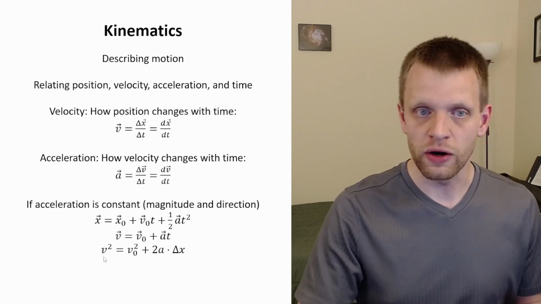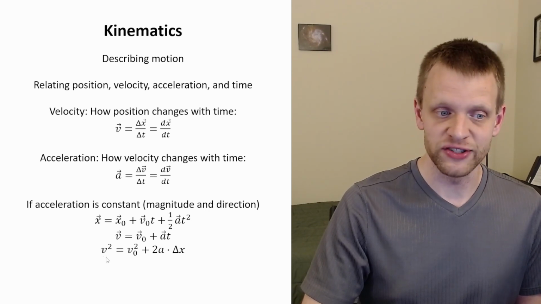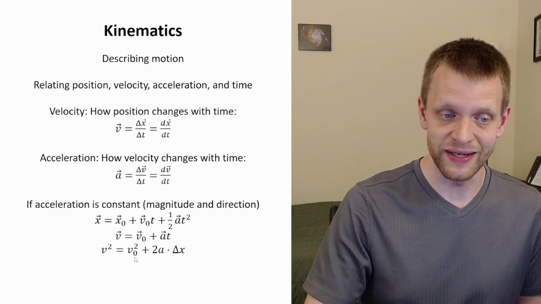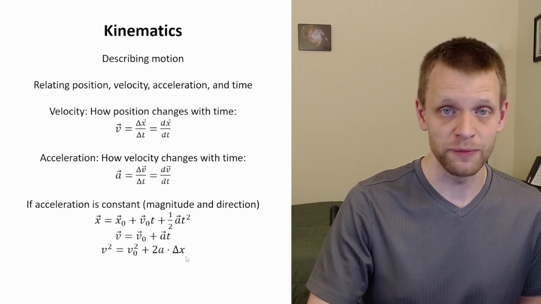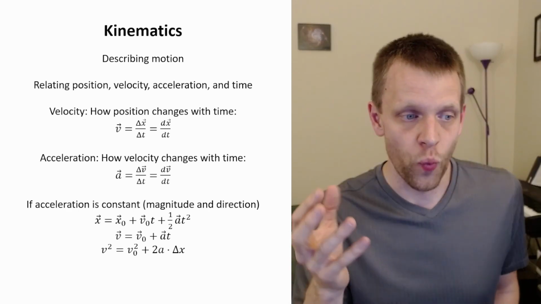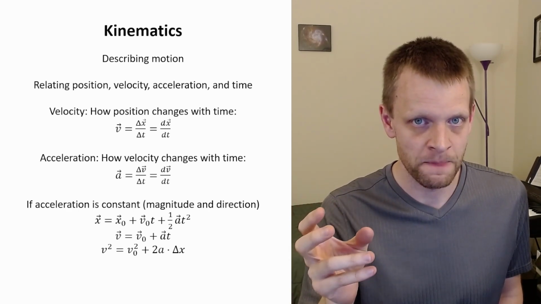And then again, there are variations where we can take other combinations of these terms. So if I can relate my final velocity to my initial velocity, the acceleration, and how much my position changed. But again, this set of equations works in the case where we have a constant acceleration.